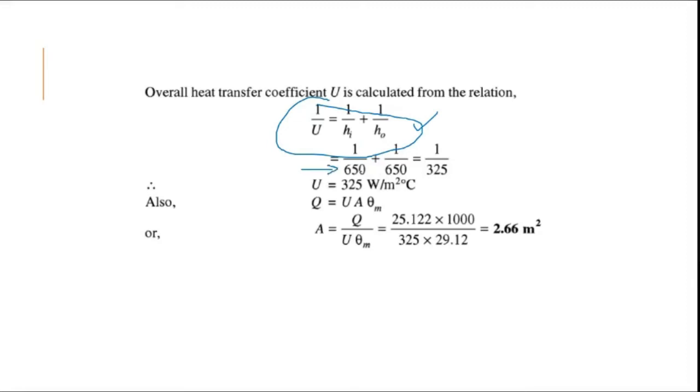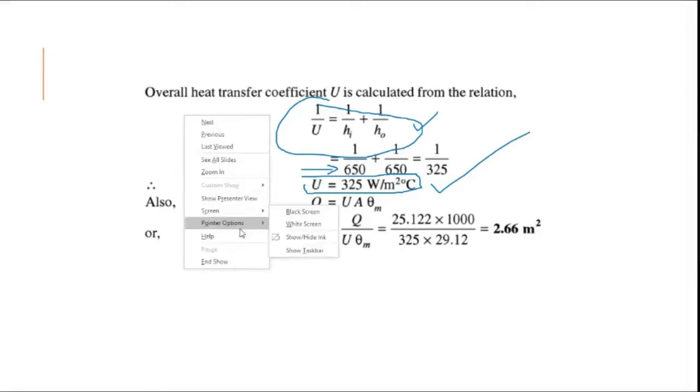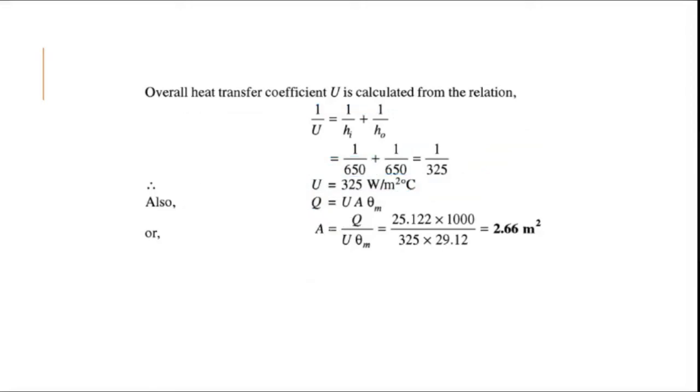Both the h values were 650 watt per meter square degree Celsius. Putting the values, we get that this capital U, the overall heat transfer coefficient for our case, is equal to 325. I think there is no doubt till this part.